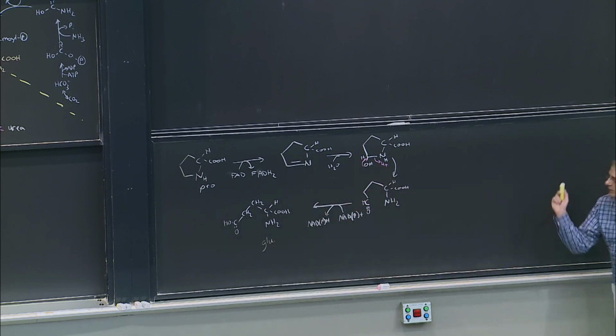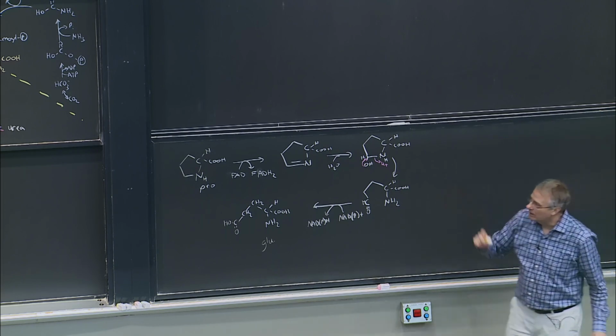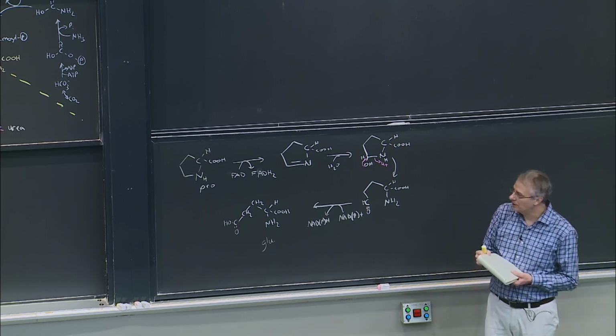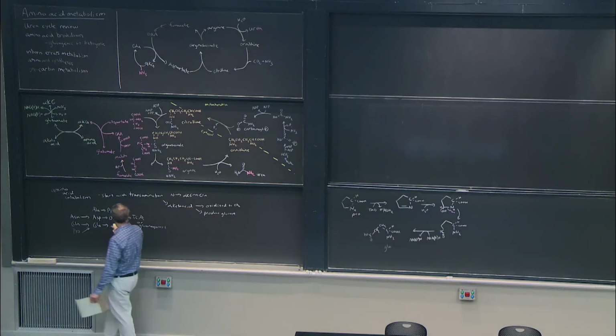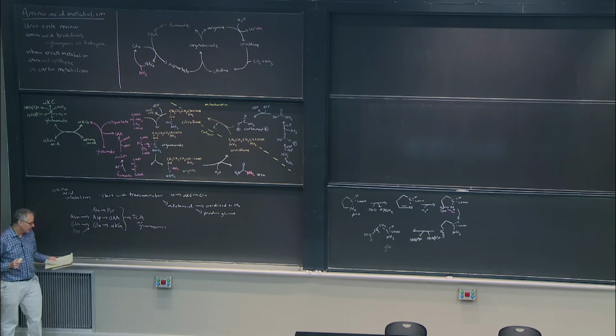And so that's how I turn proline into glutamate: two additional oxidation steps generating FADH2 and NADH or NADPH. And so that's how you would derive energy from the catabolism of proline by feeding it into glutamate, which can then, of course, be transaminated to alpha-ketoglutarate, and the rest of the carbon enters the TCA cycle.